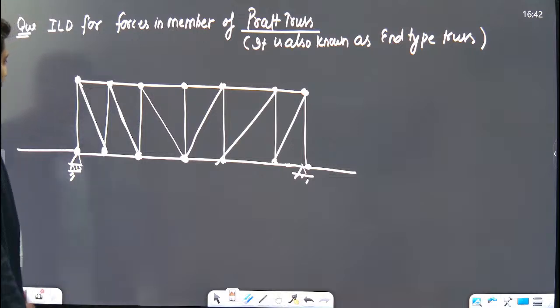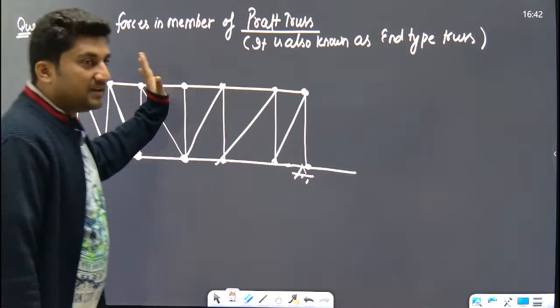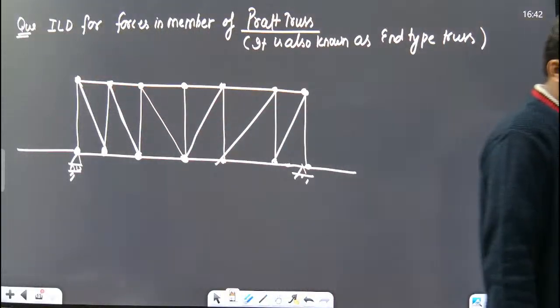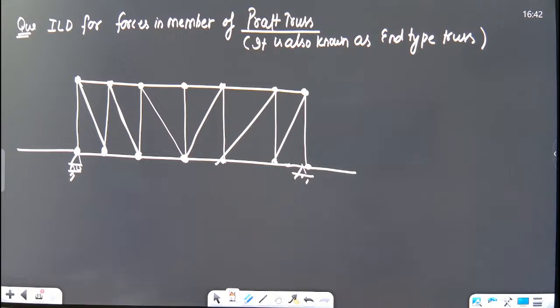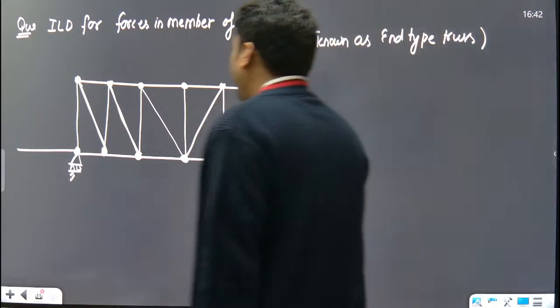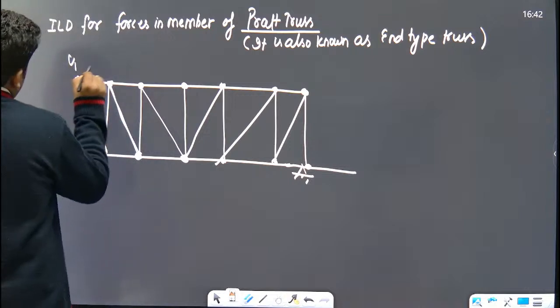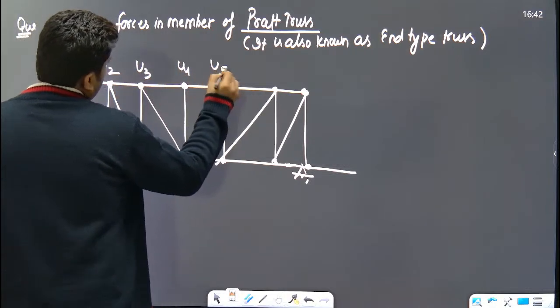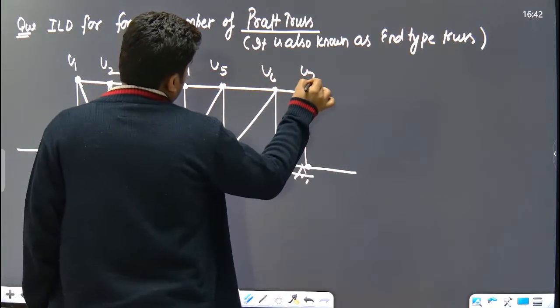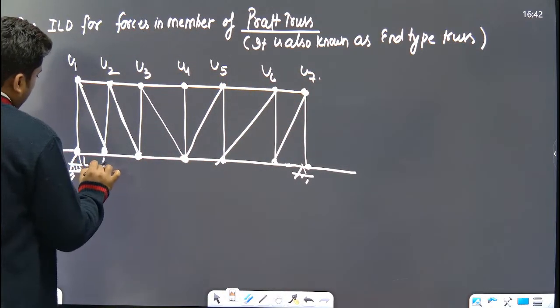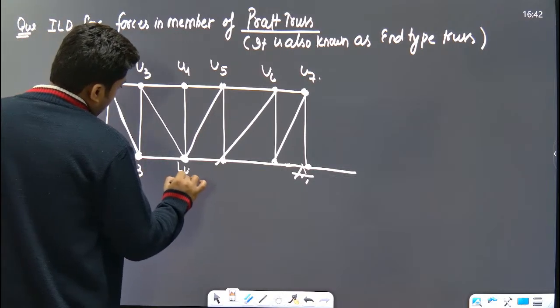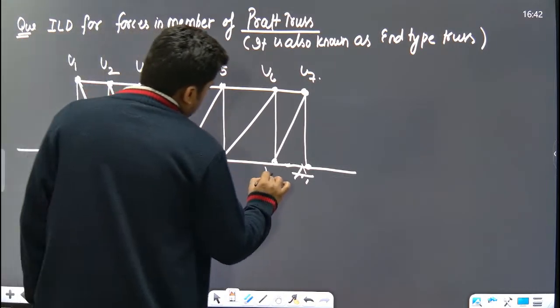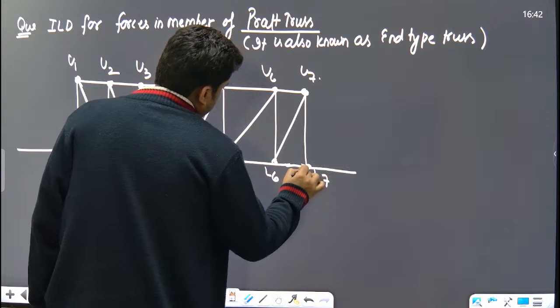So the upper members are termed U1, U2, U3, U4, U5, U6 and U7. And the lower members are L1, L2, L3, L4, L5, L6 and L7.